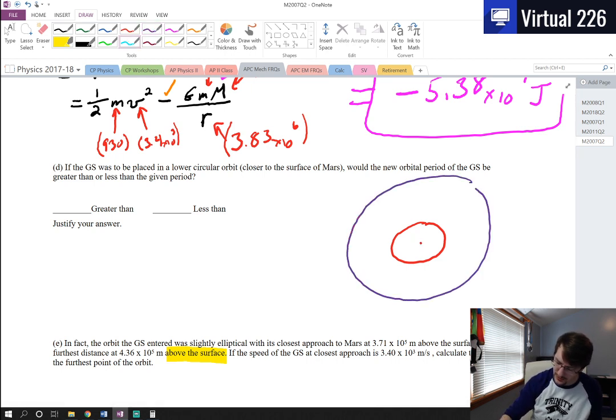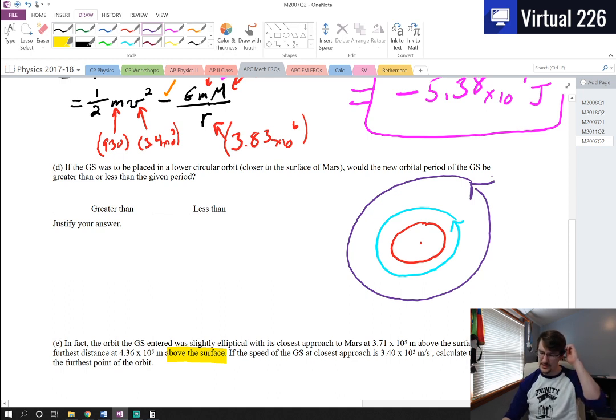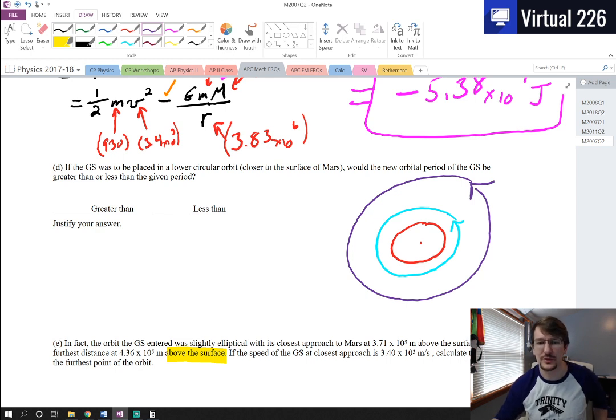If we came to a more interior approach here, like this, then as we move closer to the planet, our orbiter has to move faster. If it's not moving fast enough, it will not continue to orbit. It'll just fall and crash to the planet because that gravitational attraction has increased.